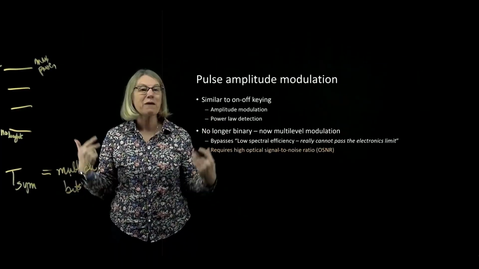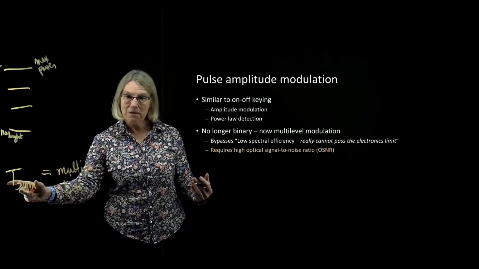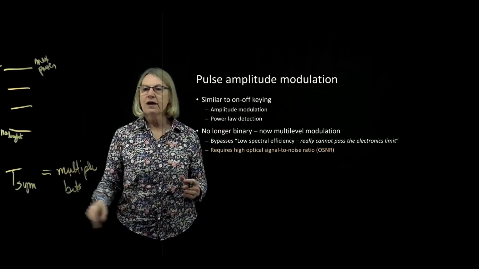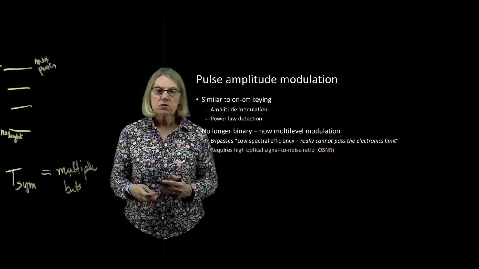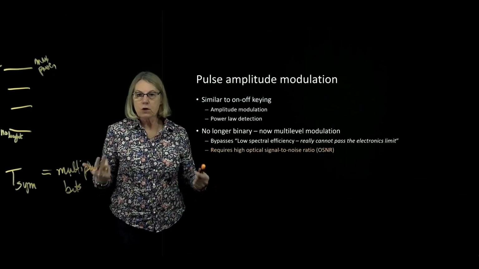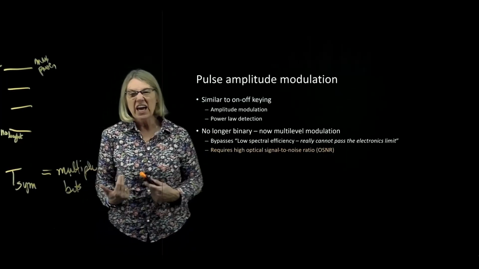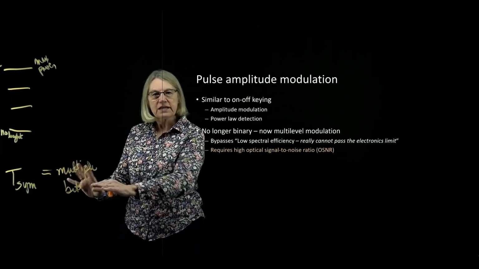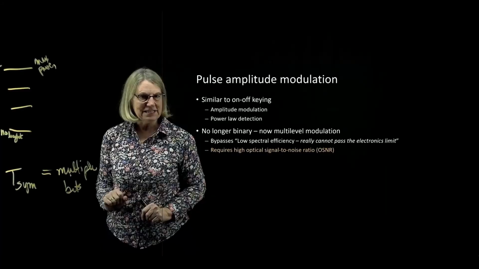We say that it's more spectrally efficient. In the same time interval or in the same occupied bandwidth, I send more bits. So this sort of bypasses that disadvantage I said, which was low spectral efficiency and that you cannot pass the electronics limit. So it is possible to get by that, even with IMDD.